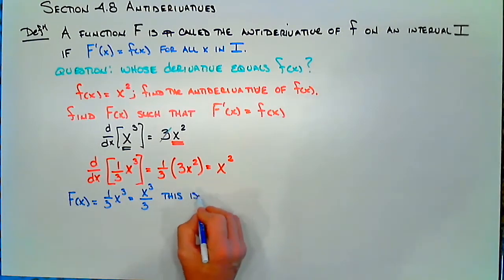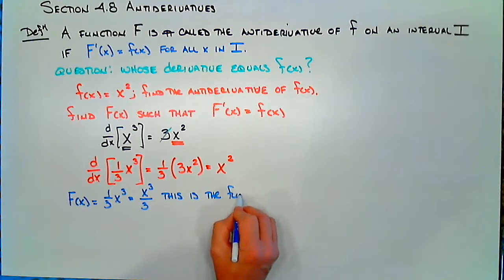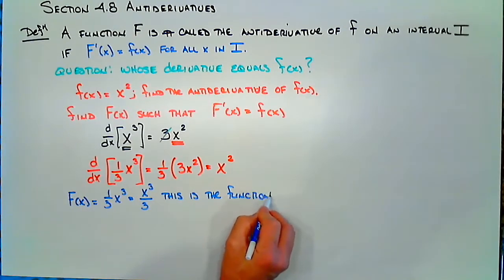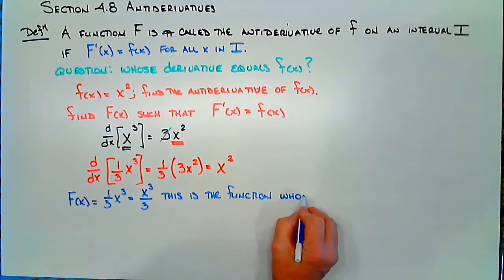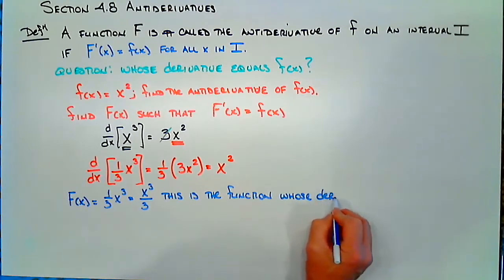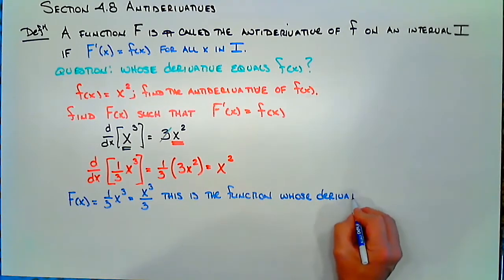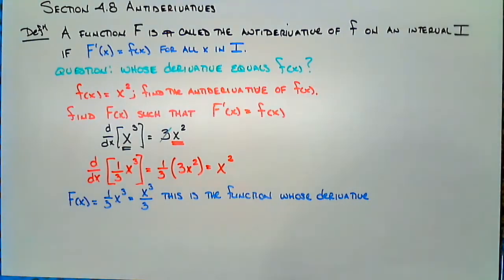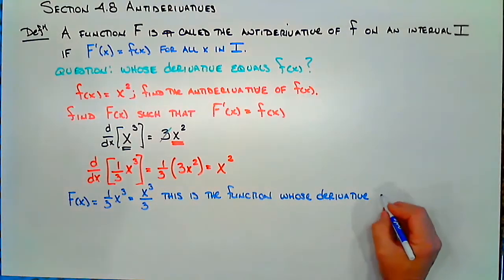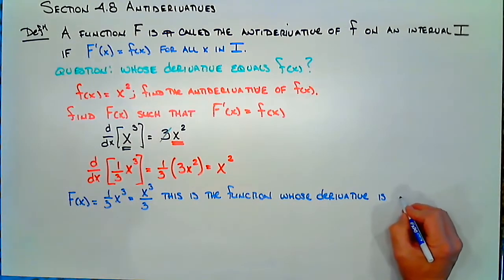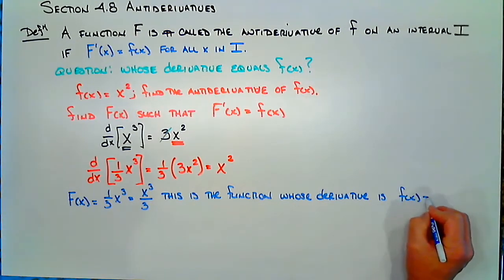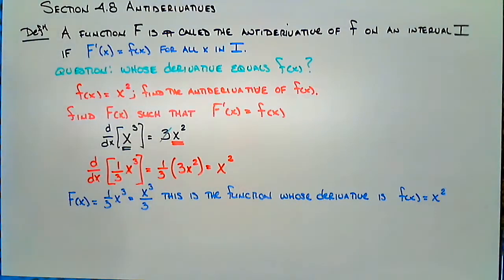This is the function whose derivative is f of x equals x squared. So this is the journey that we are now undertaking. We're going backwards. We're reversing our approach.